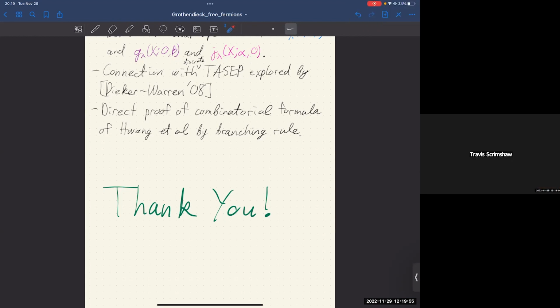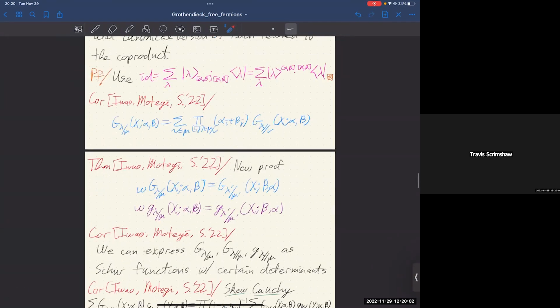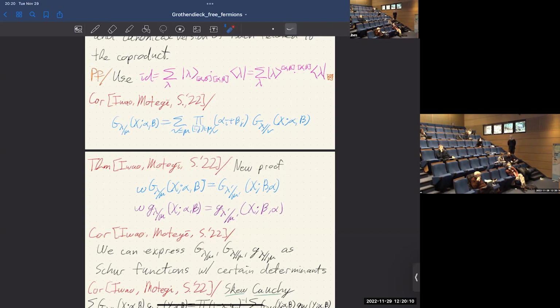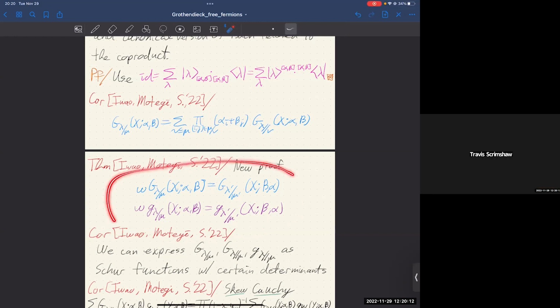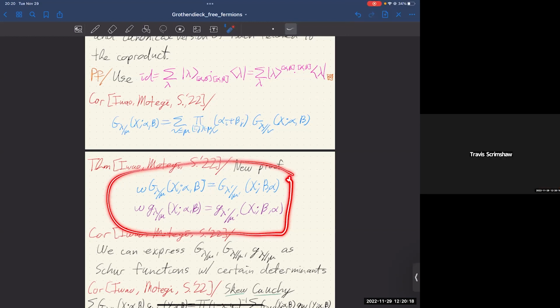Yeah, that would be nice if you can see this statement very easily, because this is not so easy.